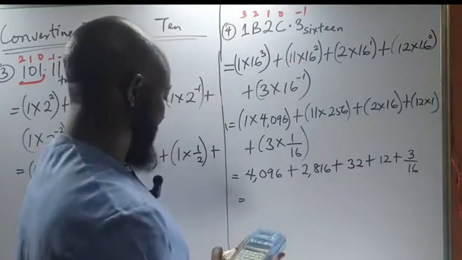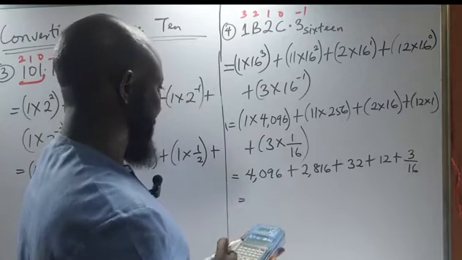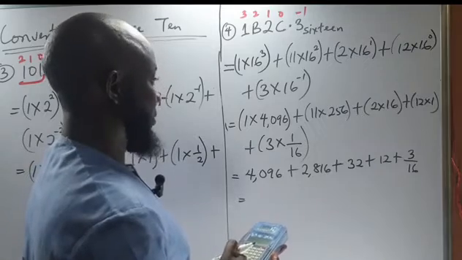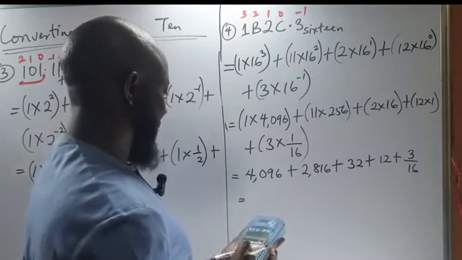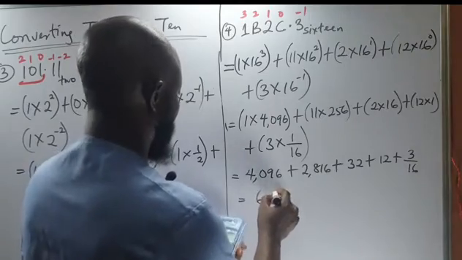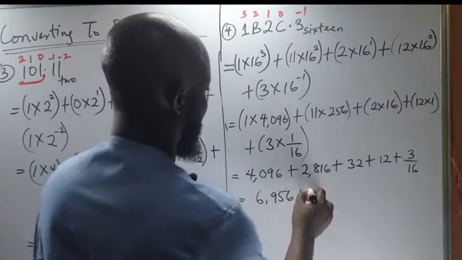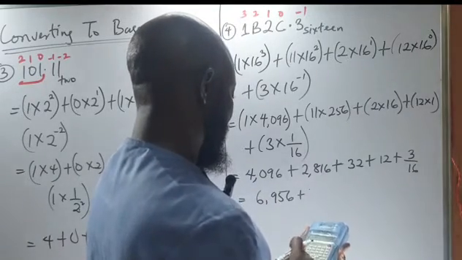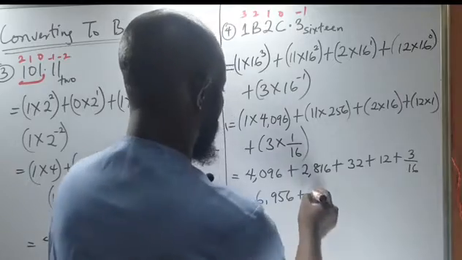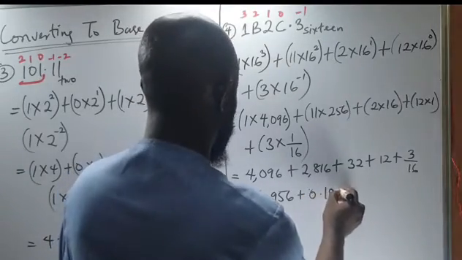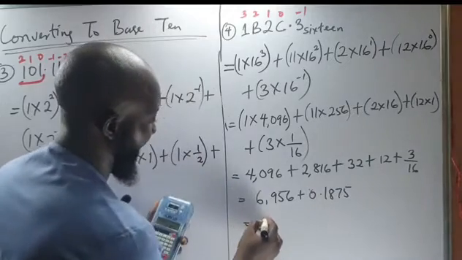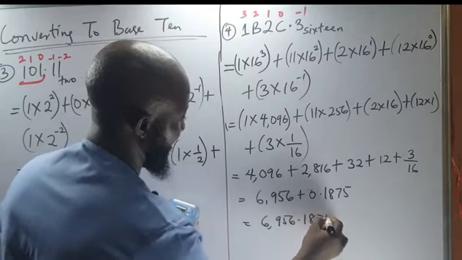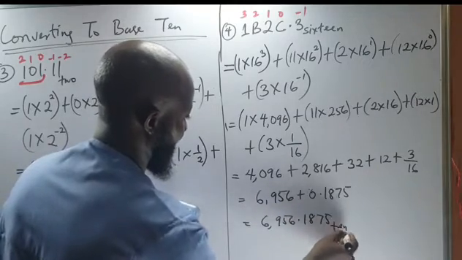We start from 4,096 plus 2,816 plus 32 plus 12. That gives us 6,956, plus 3 divided by 16 gives us 0.1875. So when you add these together, that gives 6,956.1875 base 10.